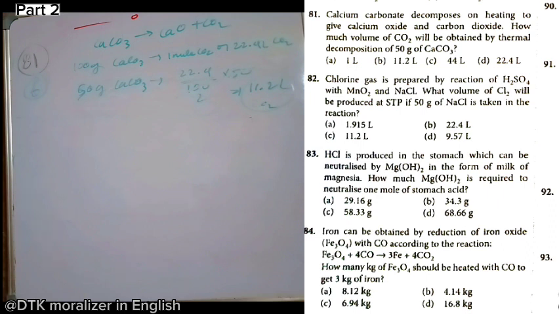Now question number 82. Chlorine gas is prepared by reaction of H2SO4 with MnO2 and NaCl. What volume of Cl2 will be produced at STP if 50 grams of sodium chloride is taken in the reaction?